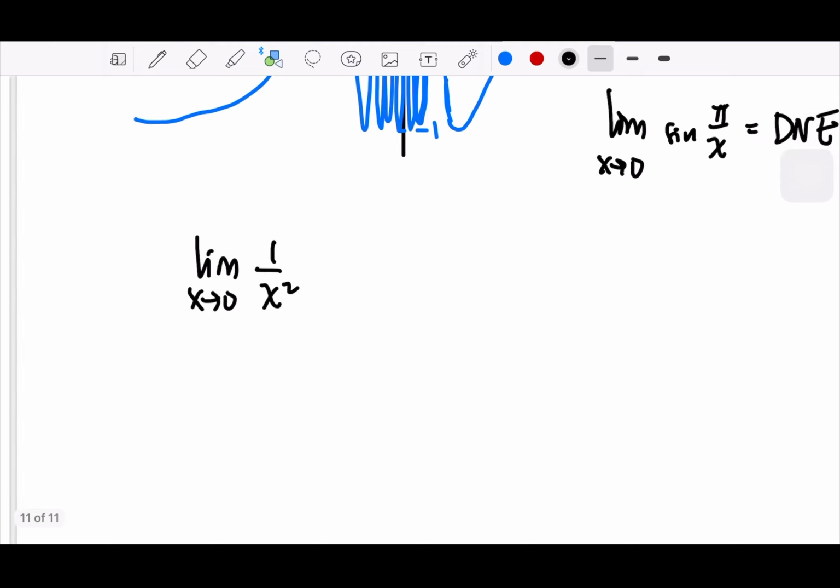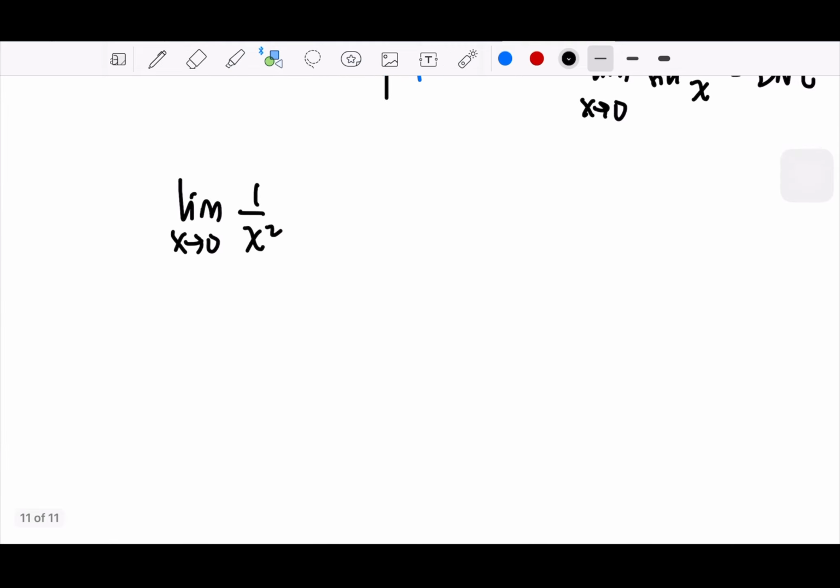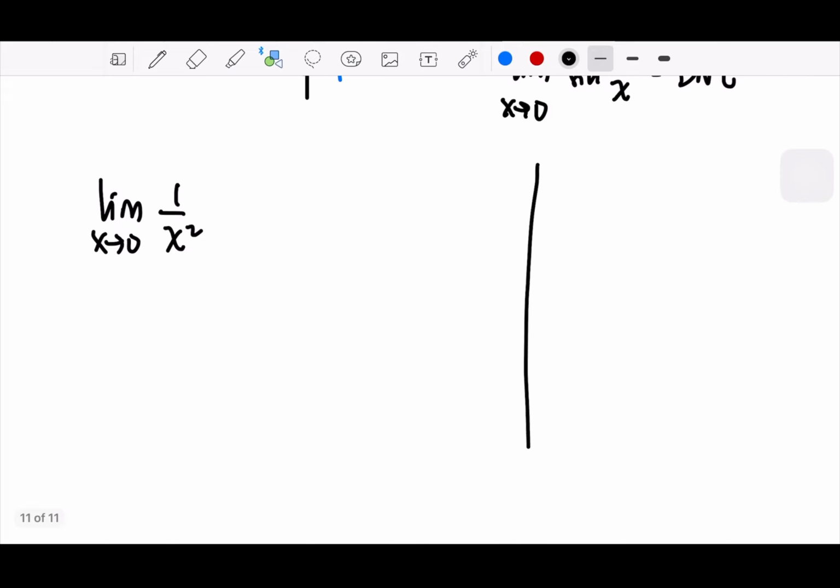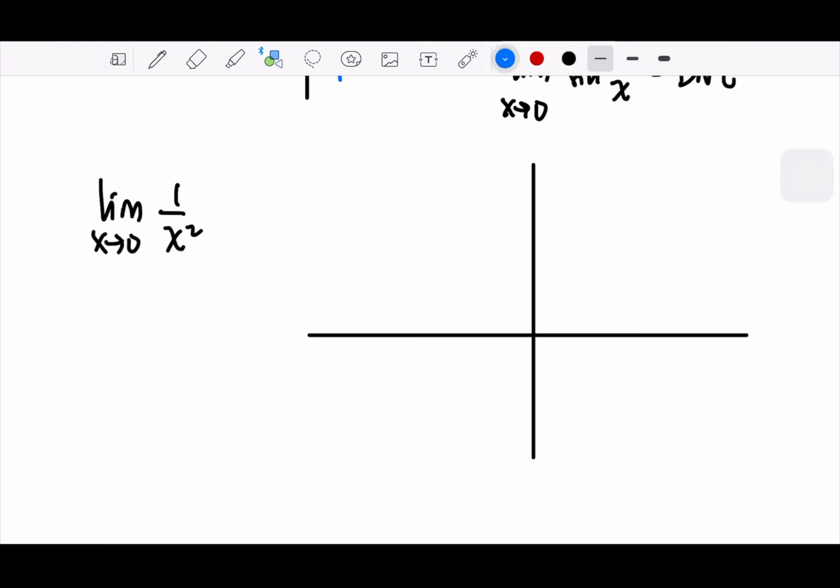Okay, if we draw this, 1 over x squared, this is at least how it looks like. It should be a little bit closer to the axis.